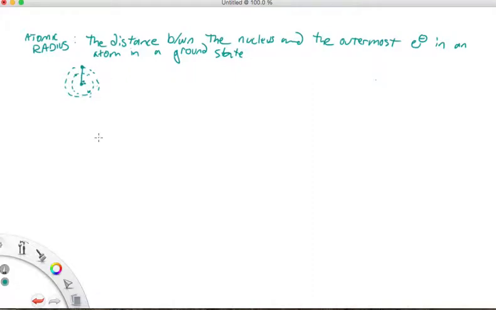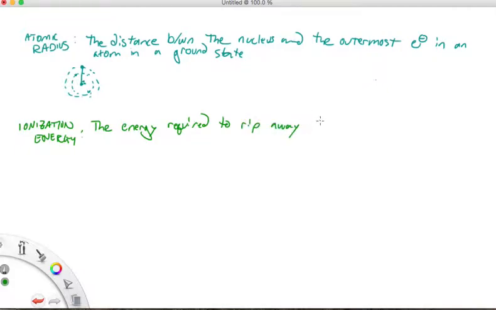The other trend that we're going to talk about is called ionization energy. That's kind of strange. Ionization energy. This is the energy required to rip away an electron.